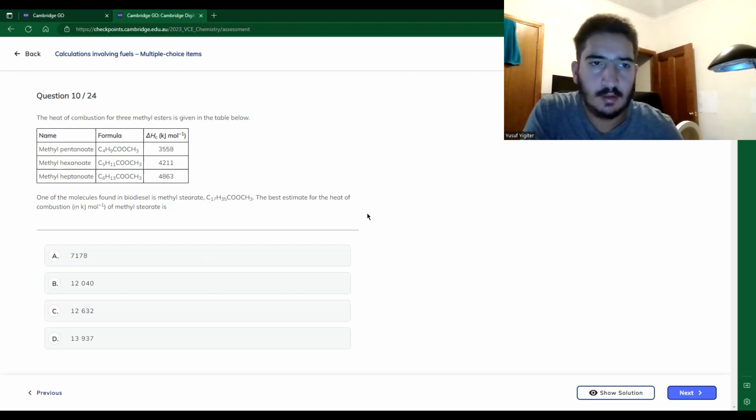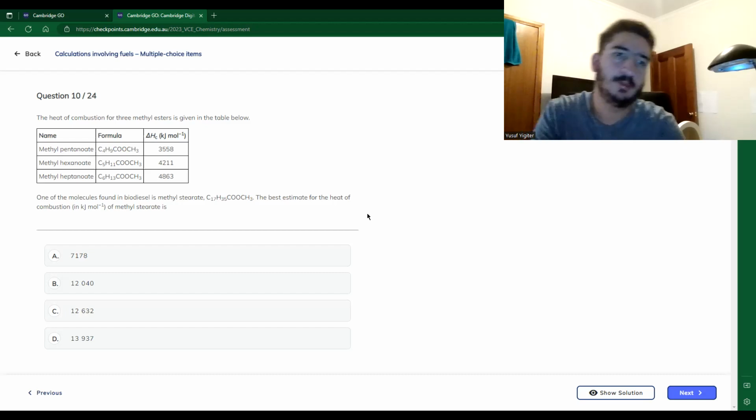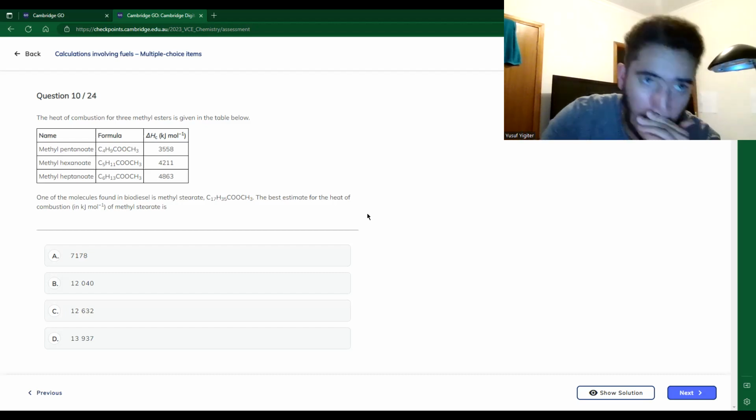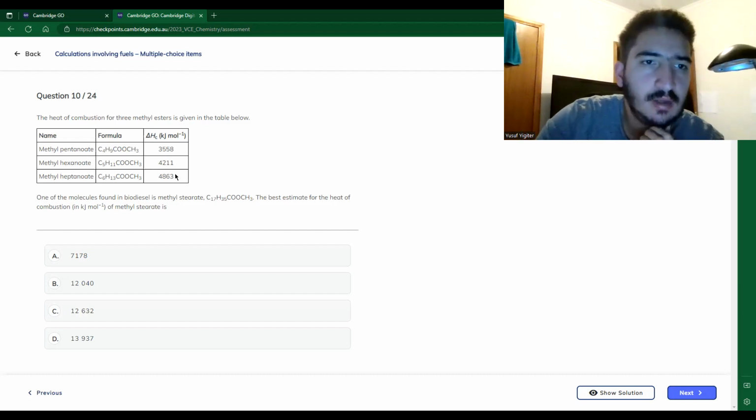One of the molecules found in biodiesel, the best estimate for the heat of combustion is... estimate. All right, we're making an estimate. So it increases as carbon increases.